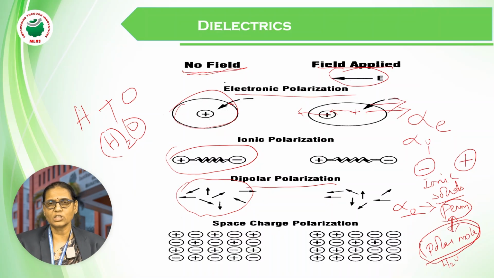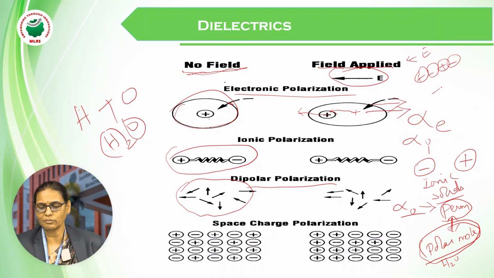Next, space charge polarization. What is a space charge? In general, in any material, the alignment of charge carriers will be like this: one positive charge, negative charge, positive charge, negative charge. Now I apply an electric field on this situation.